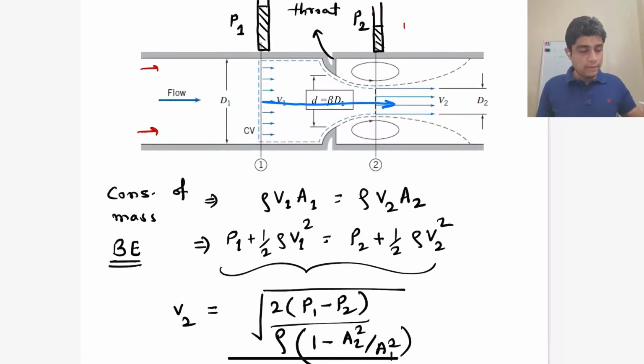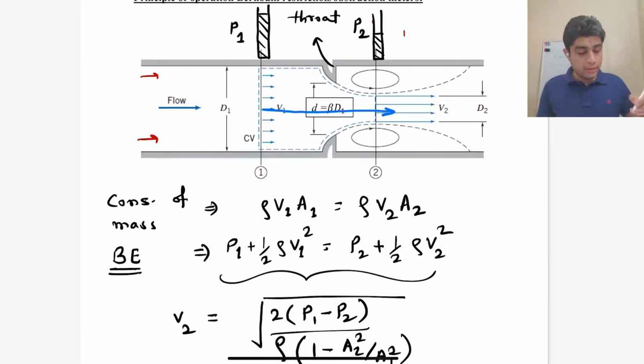But many times, like in an orifice plate, we do not know the area at point 2. That's because the fluid is contracting there. There might be a vena contracta there. So the exact area at 2 is not known. But what is known to us is the exact area at the throat, because the diameter of the throat is a design parameter. So the diameter of the throat, small d, is known in terms of the upstream diameter, where beta is just the ratio of small d to D1, and it is called the geometrical ratio.